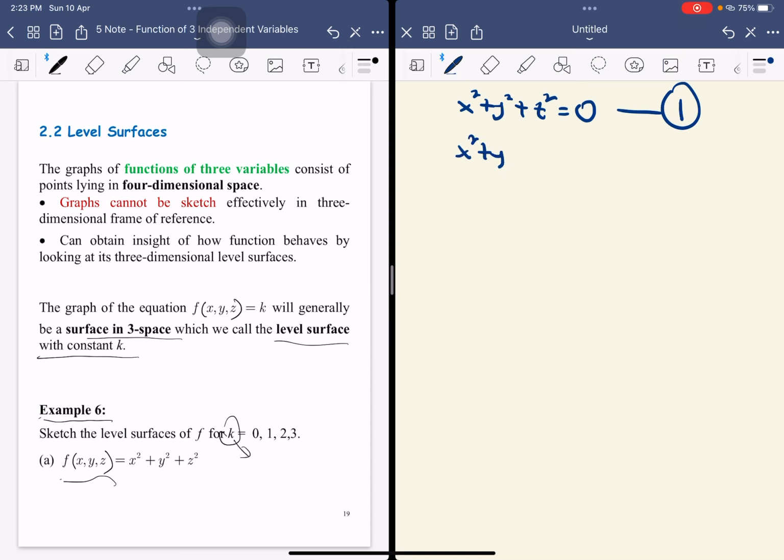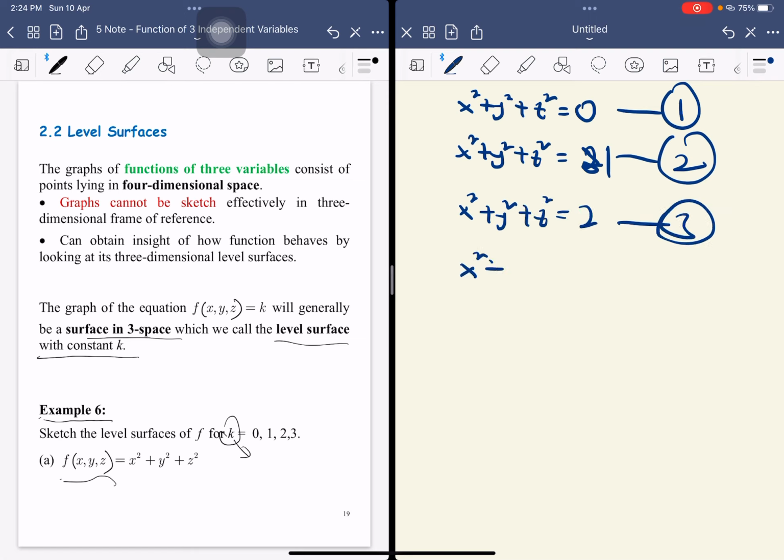Second one, x squared plus y squared plus z squared equal to 1. Sorry, it should start with 1. Then x squared plus y squared plus z squared equal to 2, the third one, and x squared plus y squared plus z squared equal to 3 over here.